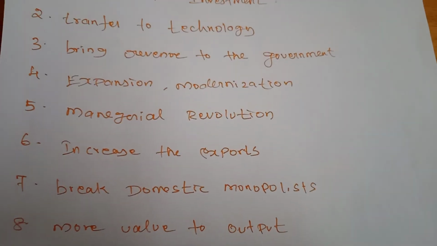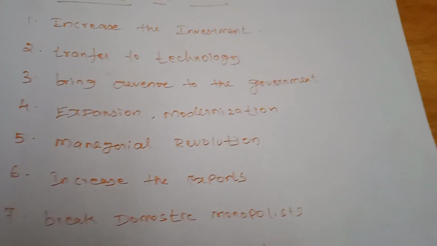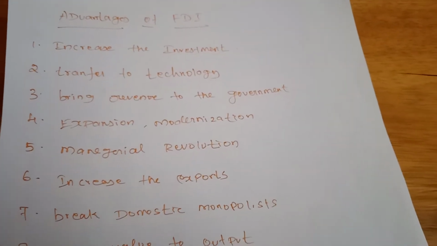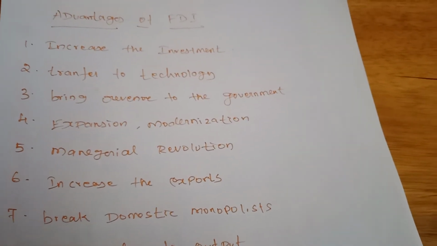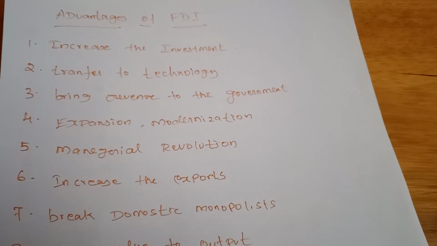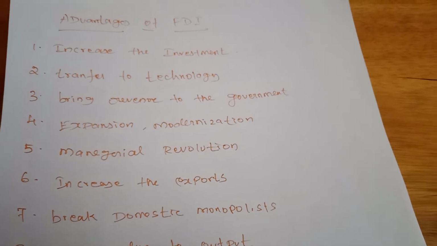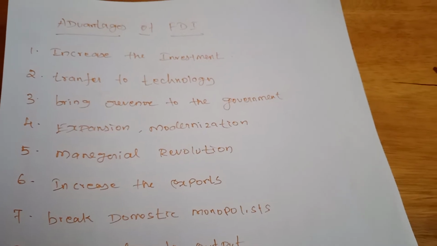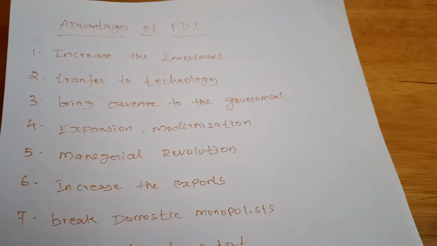So whenever we gather foreign direct investment, the foreigners will make the possibilities or chances to increase exports to their neighbor countries and trading countries. For example, if you allow foreign direct investment from American investors, they will make it possible to increase exports to another country.